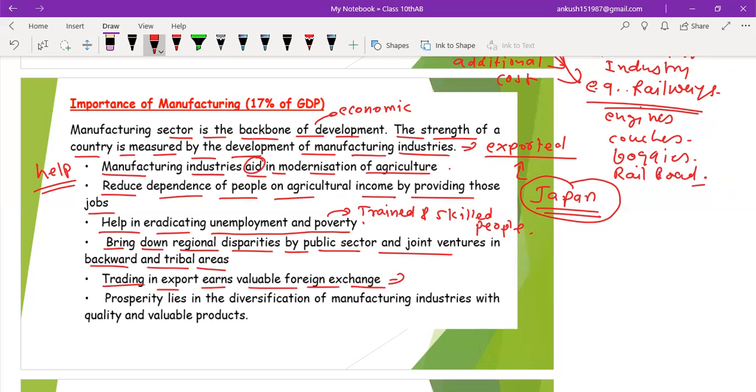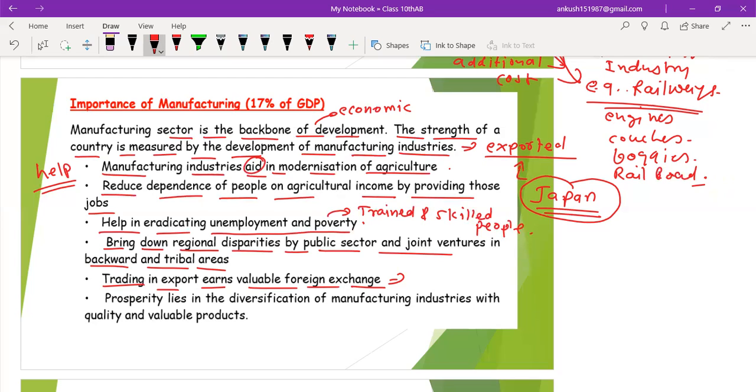Understood? Trading in export means we use those industrial equipment in our agricultural farms or other production of products, and those products are exported to other countries, and we generate the foreign revenue or foreign exchange.